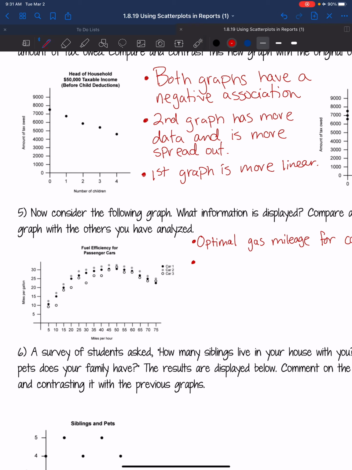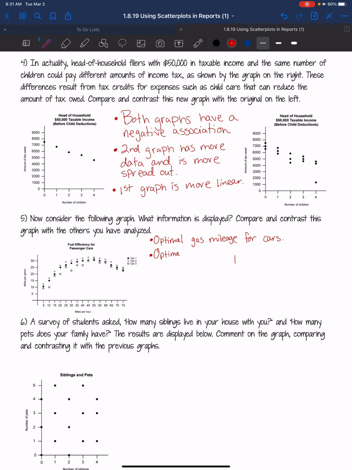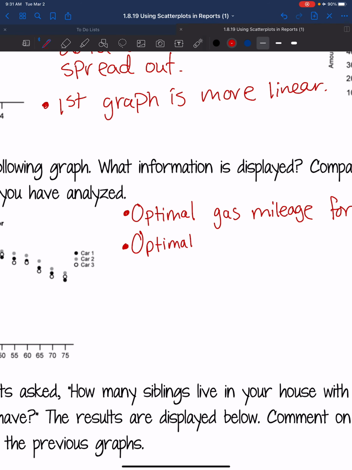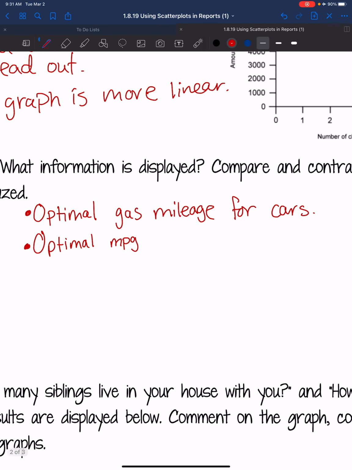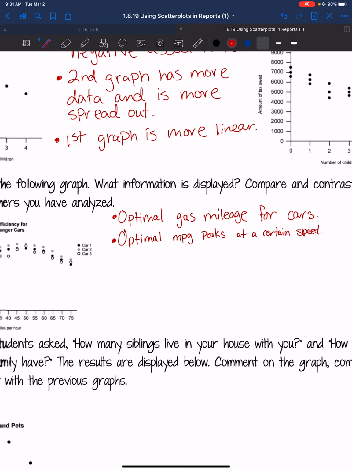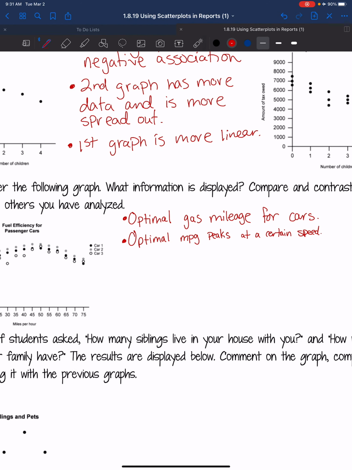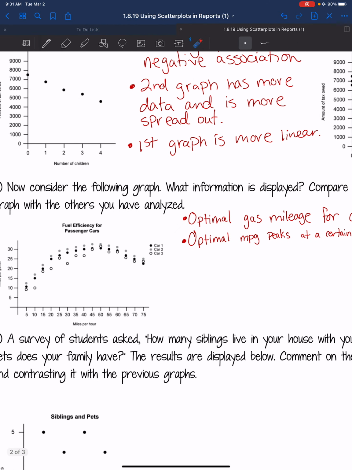So I'm going to say the optimal MPG peaks at certain speed. And you can see if you're going any slower or faster than that optimal speed, you're going to be getting less gas mileage.